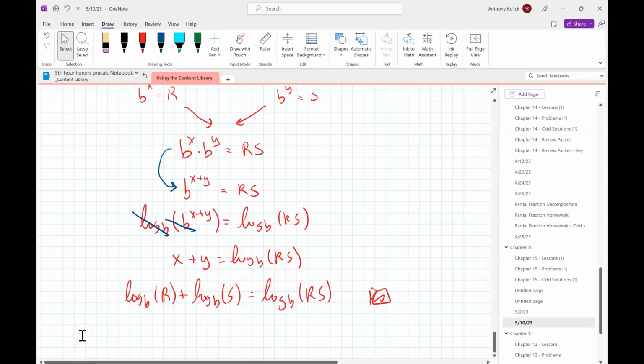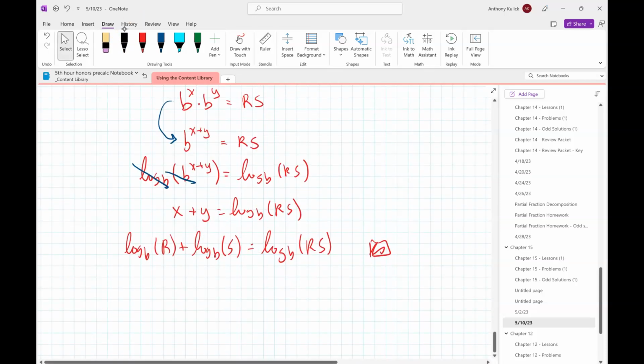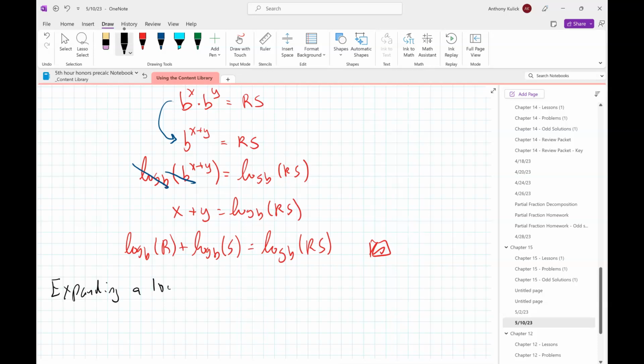So there's two types of problems that we'll ask you to do that use these properties. So the first type is expanding. To expand a logarithm, you're going to start with a single logarithm and rewrite it as the sum or difference of many logarithms.